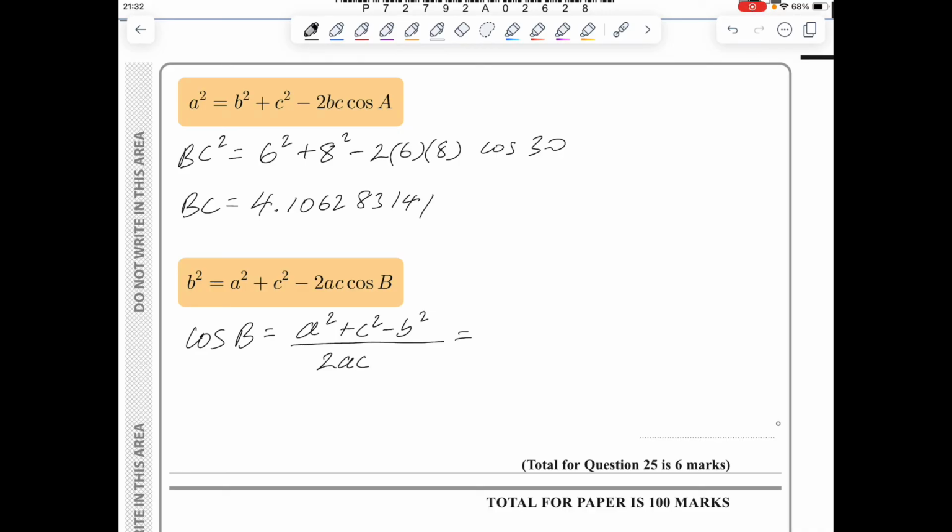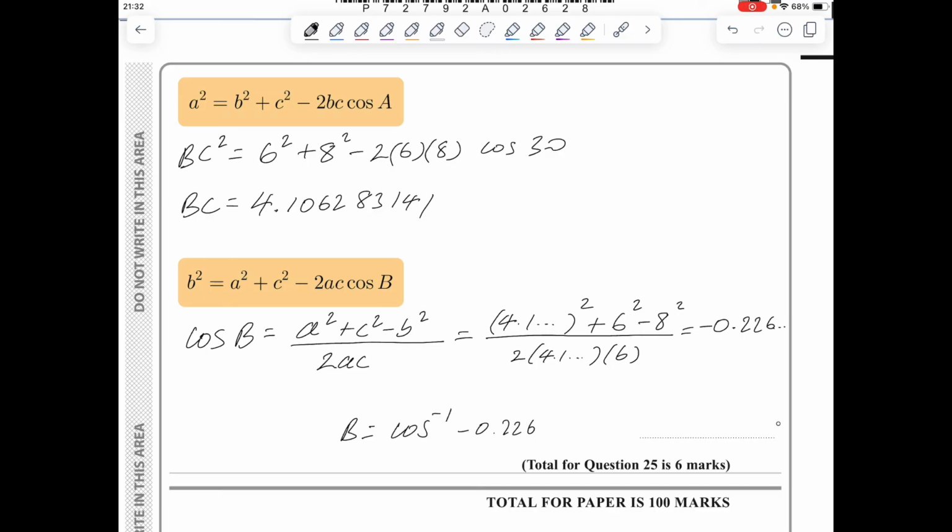Let's plug in the values: 4.1 with all the digits squared plus 6 squared minus 8 squared, over 2 times 4.1 with all the digits times 6. This simplifies to minus 0.226 and so on.